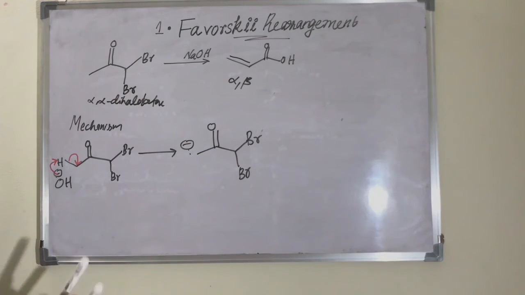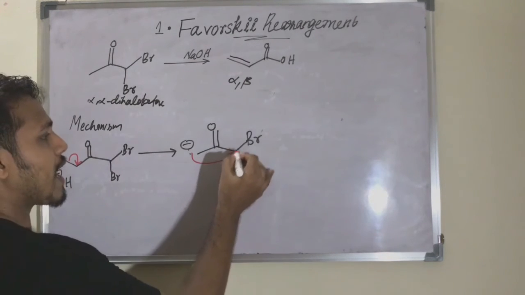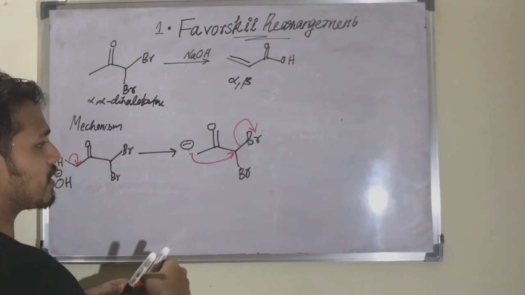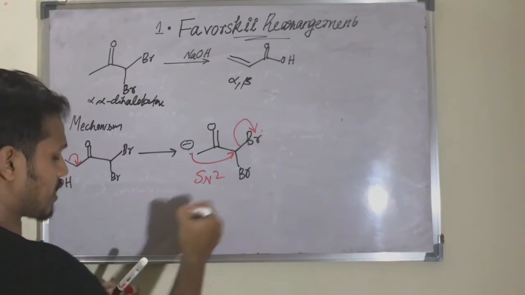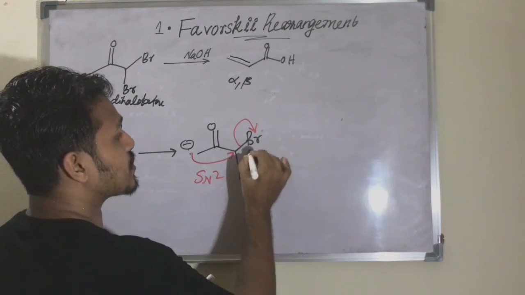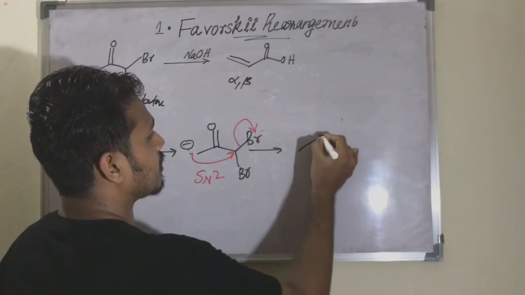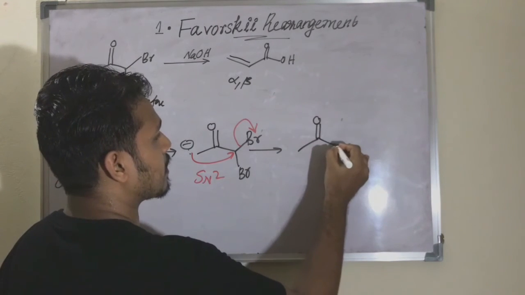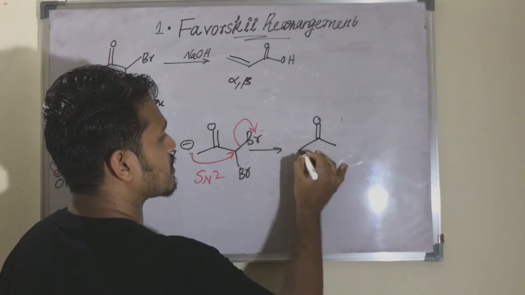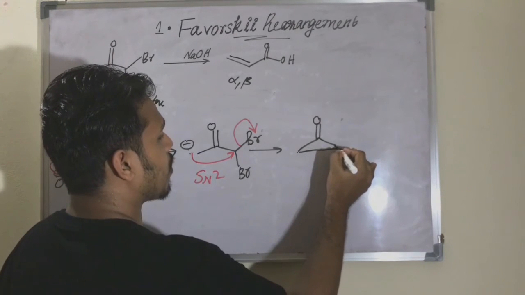Now the same thing happens: intramolecular SN2 reaction. You will end up with the highly strained 3-membered ring. This is the new bond.